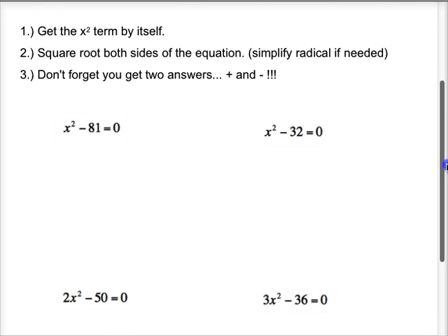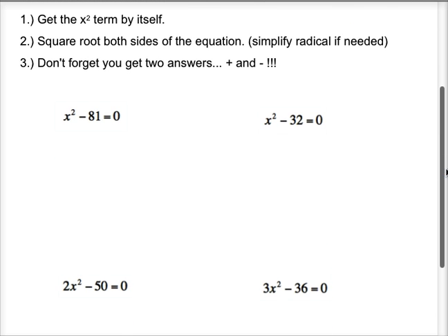The process of solving by square rooting, the first thing you want to do is get the x squared term by itself. So in this first example, to get the x squared term by itself means adding that 81 to both sides. Sorry, add that 81 over to the other side.